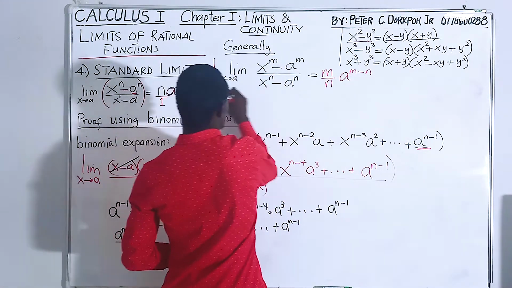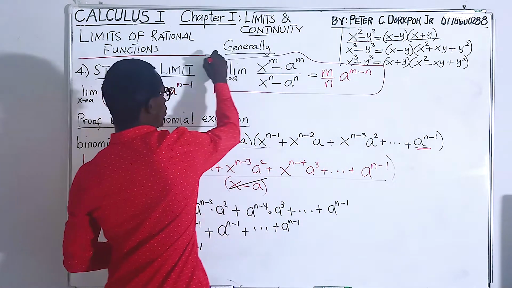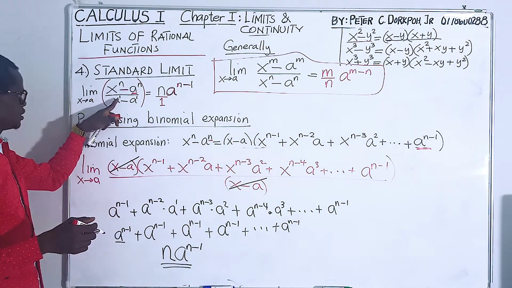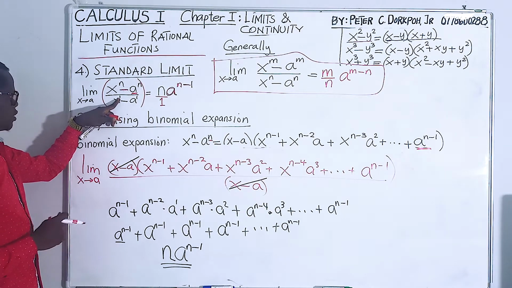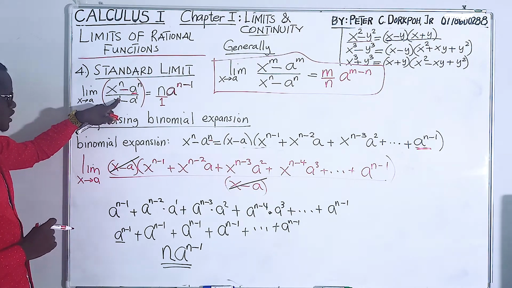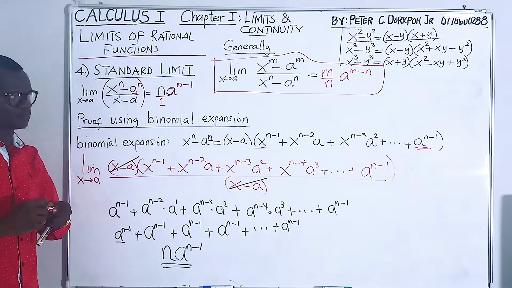So this is just a general form for the whole thing, instead of using the form that only works whenever the power of the denominator is equal to 1.